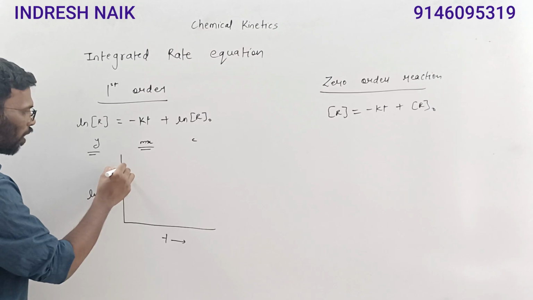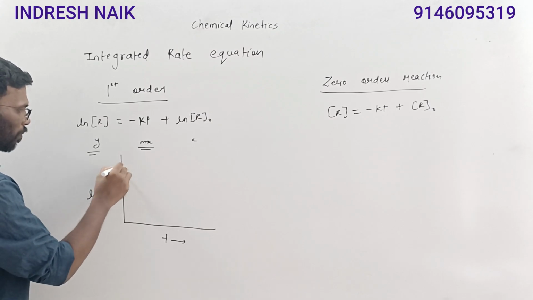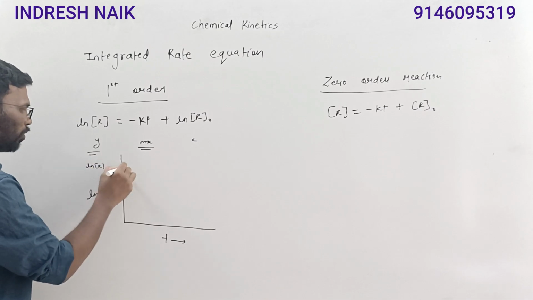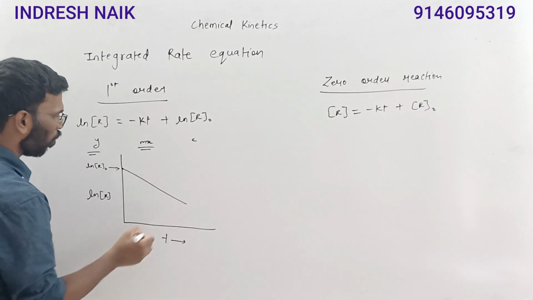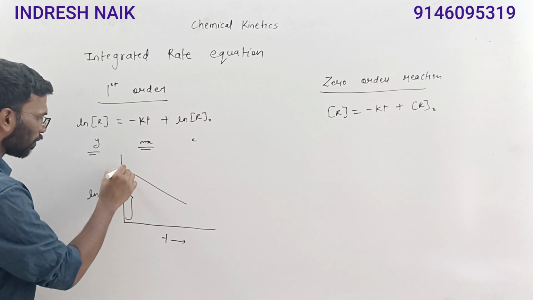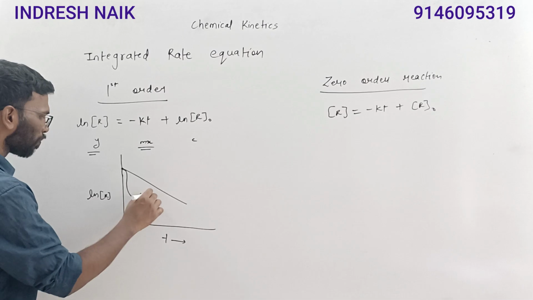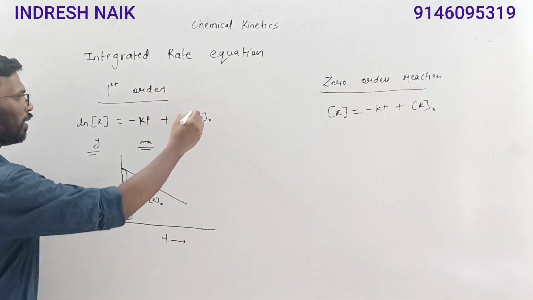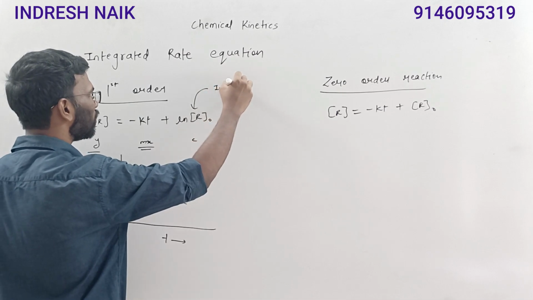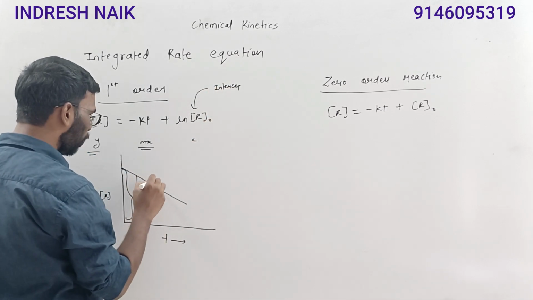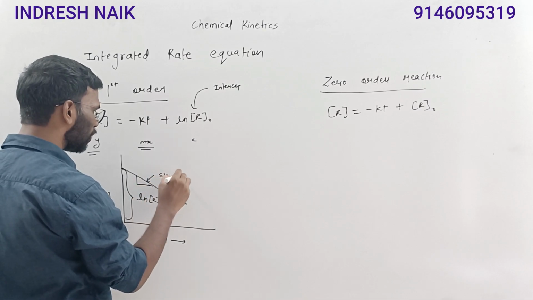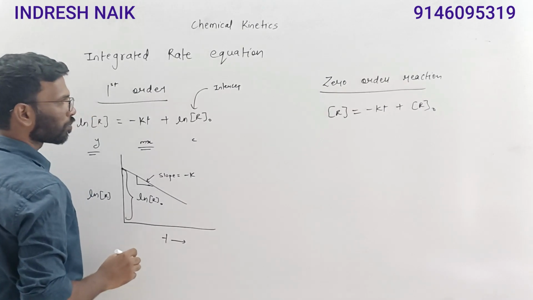The maximum value of ln of r will be ln of r0, this value, and the graph will fall this way. So from here to here, this distance is the intercept. C means what? Intercept, right? And what is the slope over here? The slope of this graph remains constant. Slope is equal to minus k.